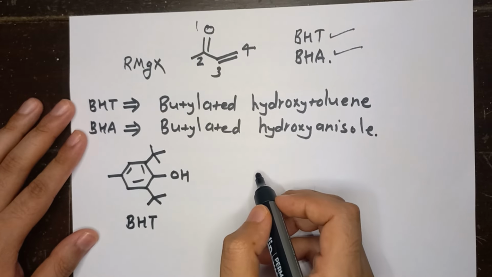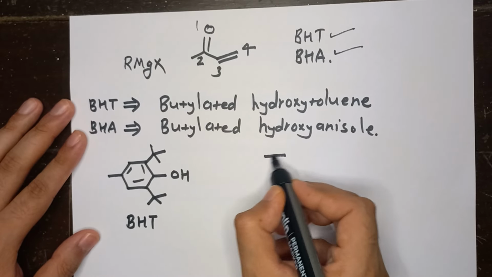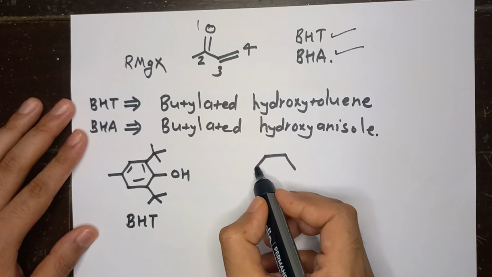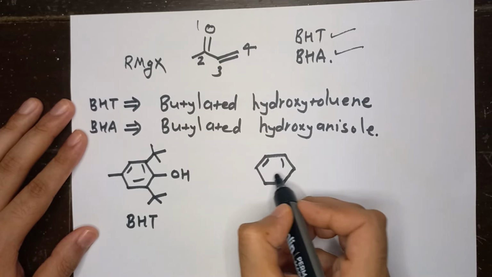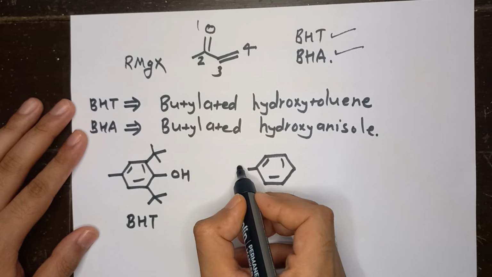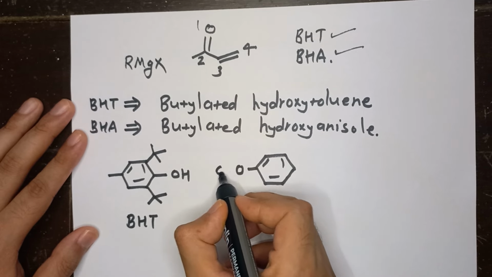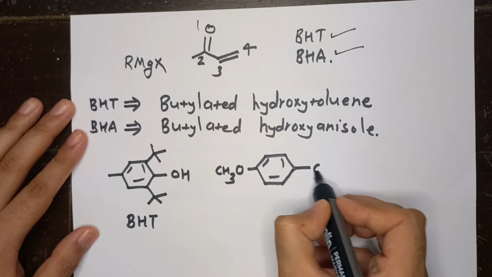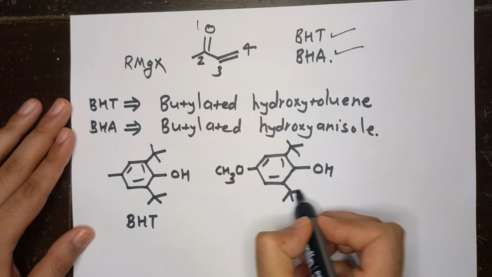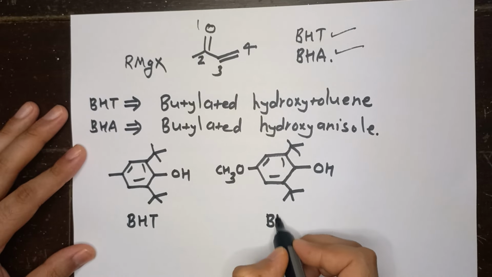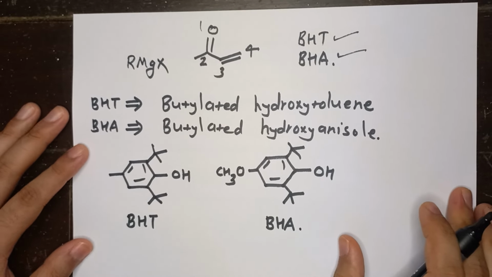And what is the structure of BHA? So it is straightforward. Just instead of toluene you have to take anisole. So the structure will be, here we have a anisole, that will be OCH3. Rest will be same. So this is my BHA, that is butylated hydroxy anisole.